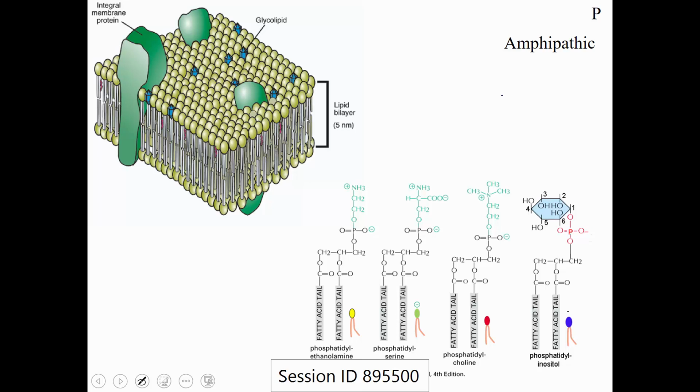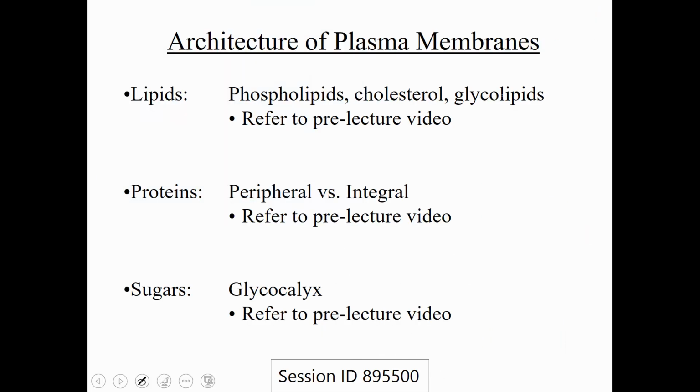Okay? One thing is that all these molecules are amphipathic, meaning that they have both polar and nonpolar portions. So if you throw this into an aqueous environment, it naturally will set up a lipid bilayer to shield the hydrophobic portion of the phospholipids from the aqueous environment. And that's all explained in that video.